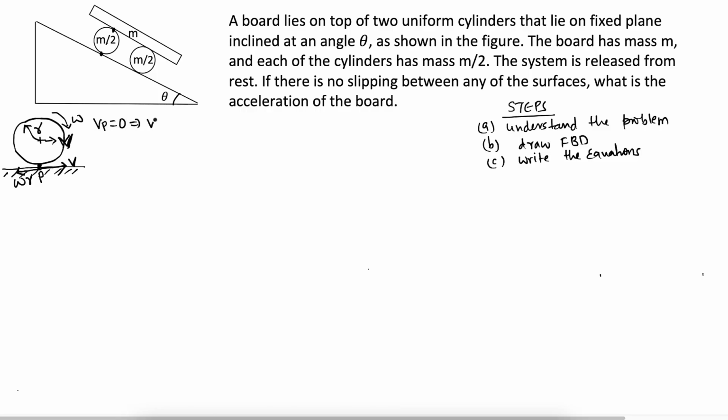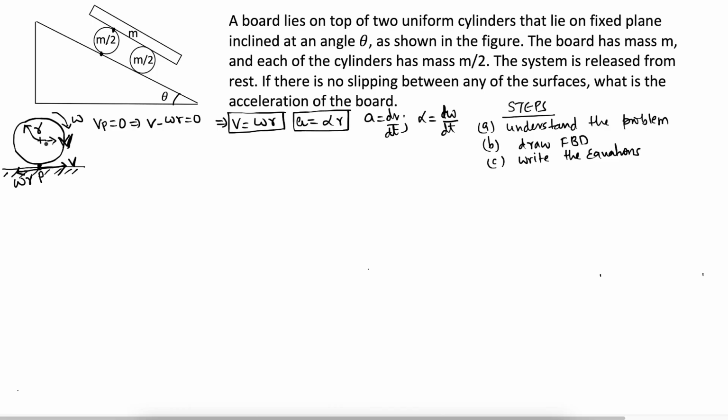That means v minus omega r is 0. That means v equals omega r. Right? And if you differentiate this, then this becomes a equals alpha r. Because a is nothing but dv by dt, and alpha is equal to d omega by dt, if we differentiate with respect to time.